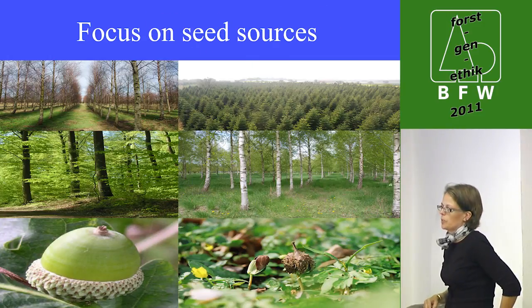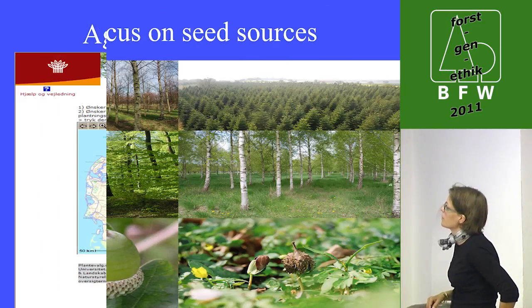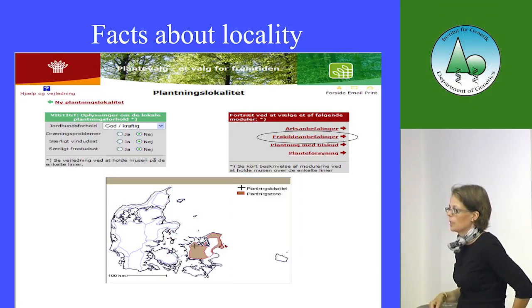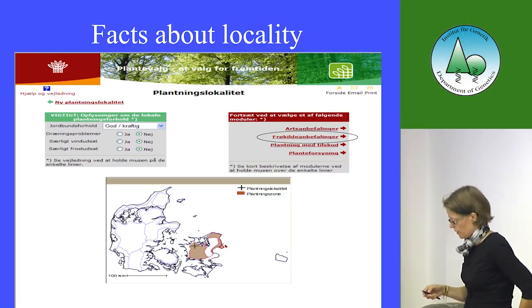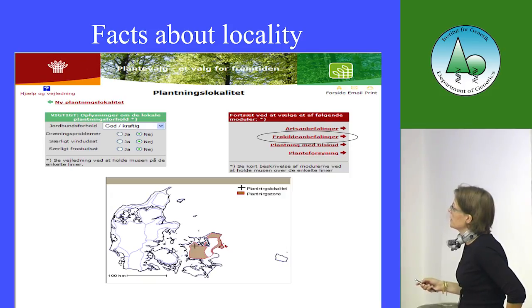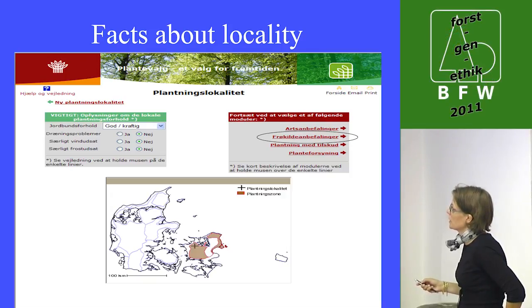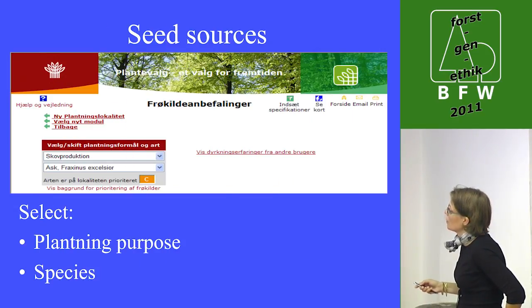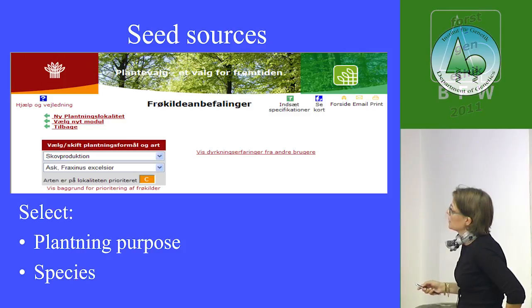If we then focus on the seed sources, again, you need to go and select locality. You need to go and tell the facts about locality. And then we take this one, which is the seed source recommendations. And again, you are told what to plant, the planting purpose, and also the species, which species is it you want to plant.